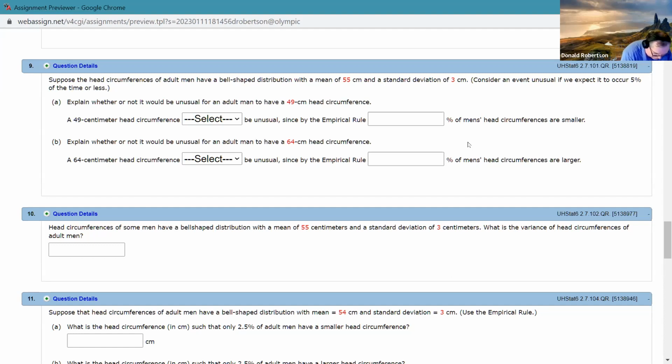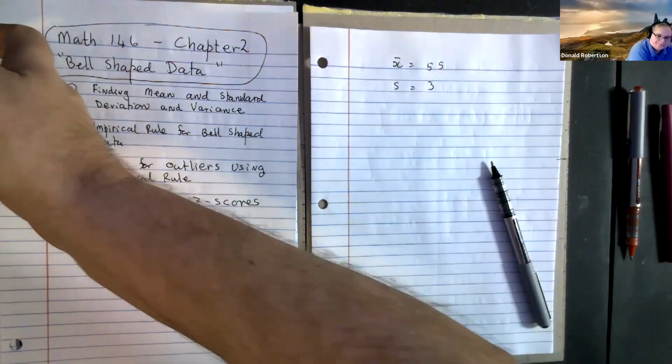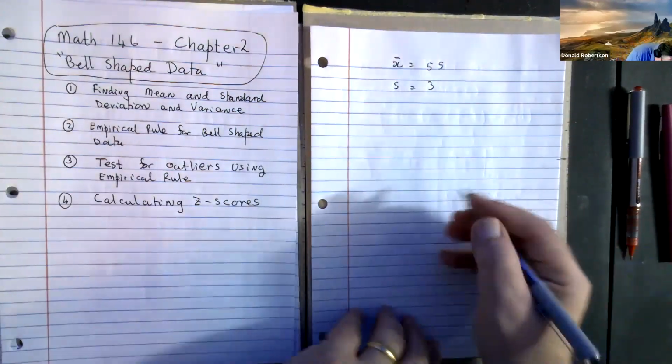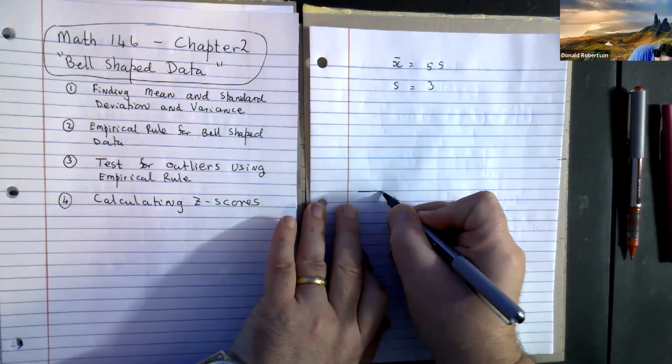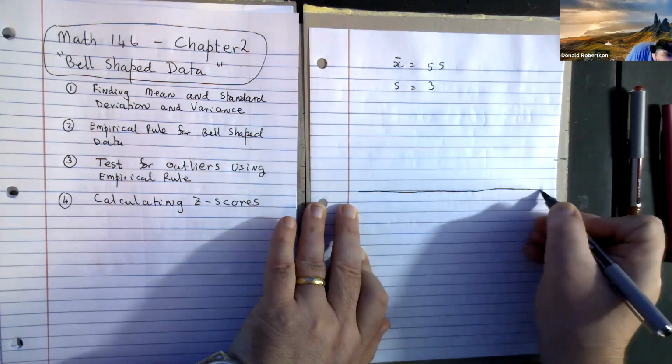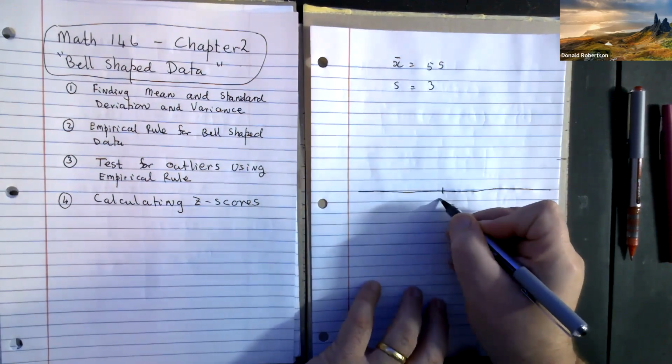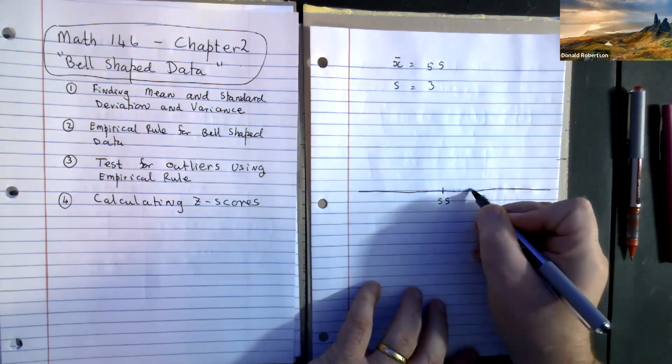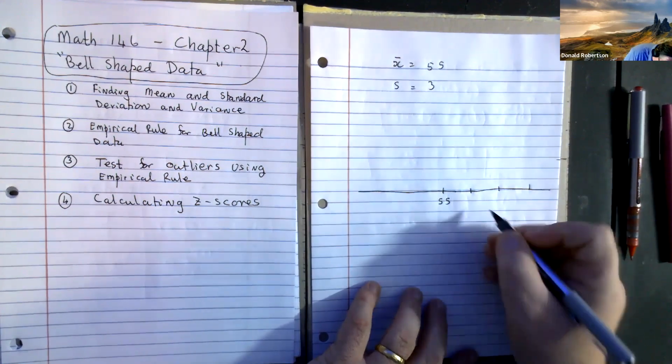So I'm going to write down the mean, which is 55, and the standard deviation, which is 3. Now I'm going to draw a rather messy picture. I'll draw a usual straight line, and right in the middle, 55, and go 1, 2, 3 standard deviations.